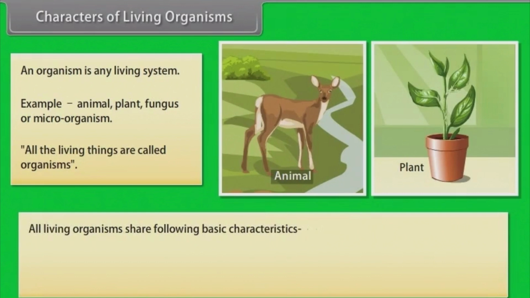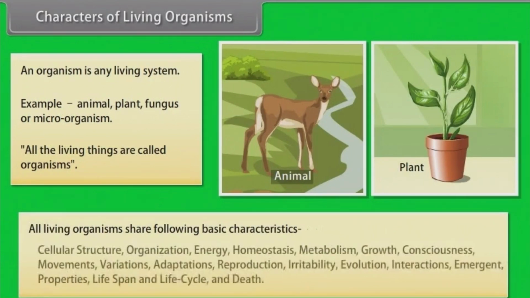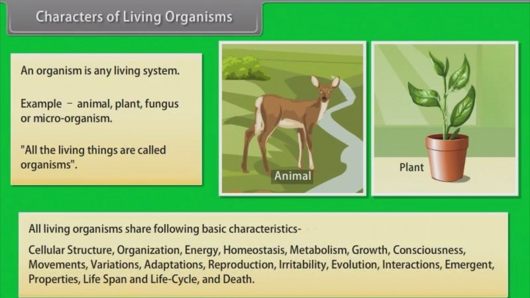All living organisms share the following basic characteristics: cellular structure, organization, energy, homeostasis, metabolism, growth, consciousness, movements, variations, adaptations, reproduction, irritability, evolution, interactions, emergent properties, lifespan and life cycle, and death.